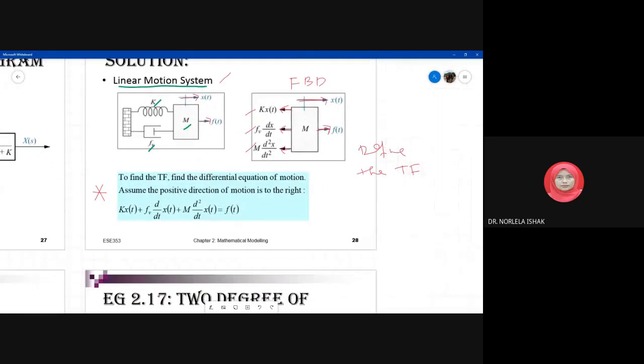Okay, this is our sum of total force. So what are our passive components? K for spring. This is the impedance.